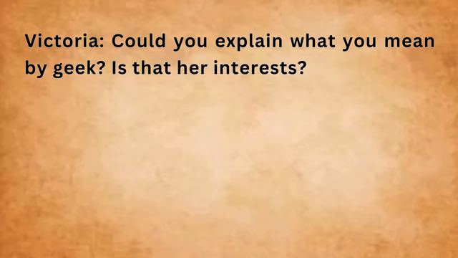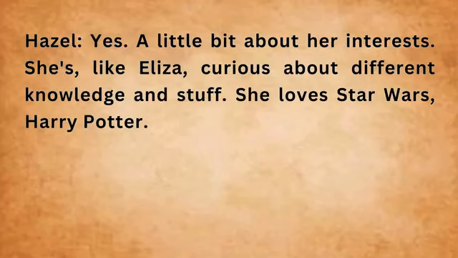Victoria. Could you explain what you mean by geek? Is that her interests? Hazel. Yes. A little bit about her interests. She's, like Eliza, curious about different knowledge and stuff. She loves Star Wars, Harry Potter. Victoria. Exactly.